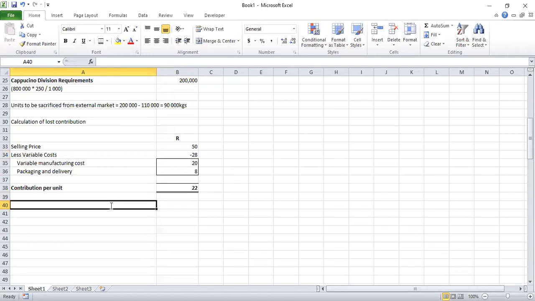Right. So the total lost contribution would be 90,000 multiplied by 22.